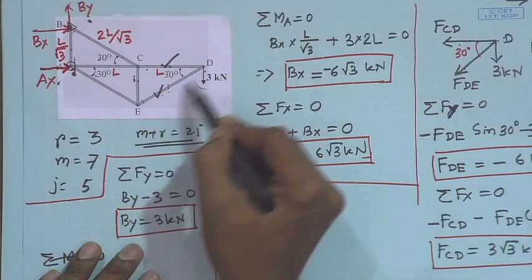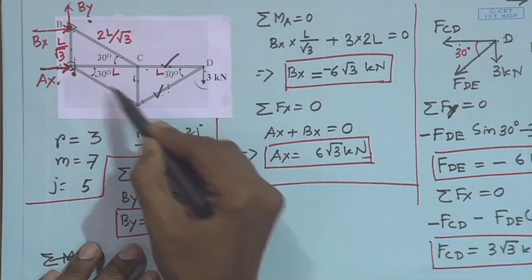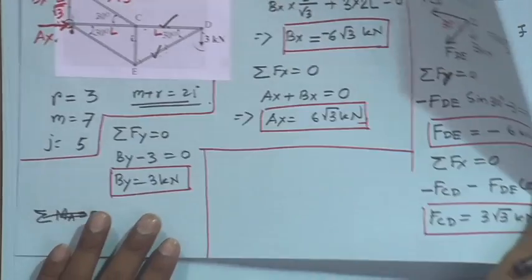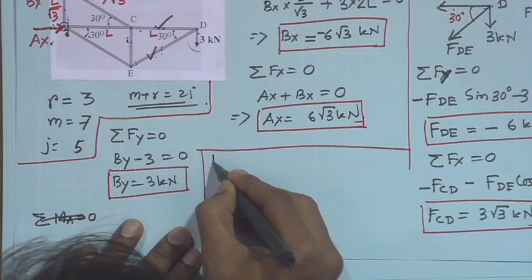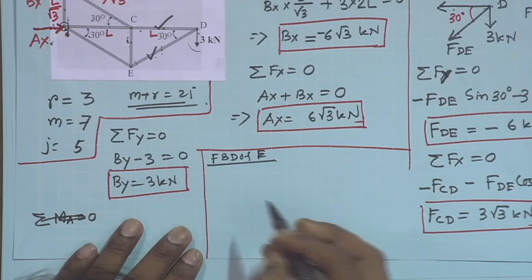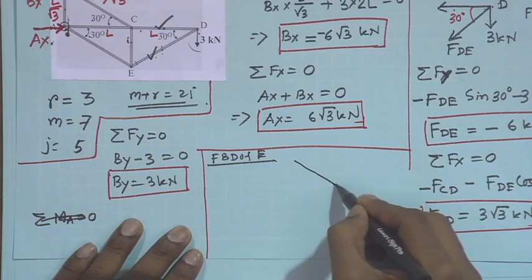Now it has only 2 unknowns. So let us draw the free body diagram of joint E. Now joint E will be the free body diagram FBD of E, right?